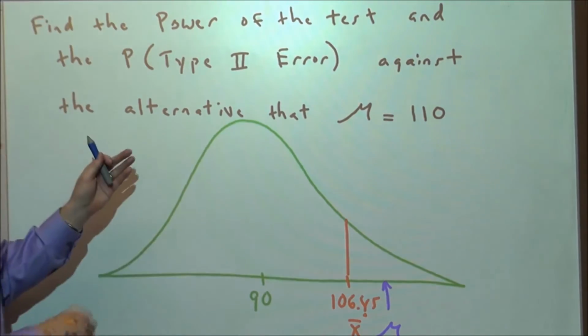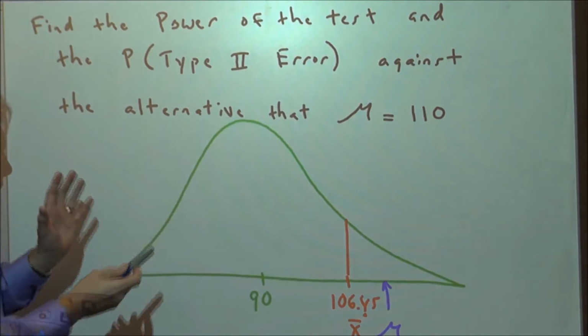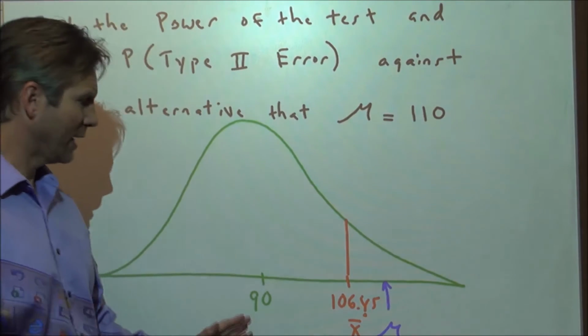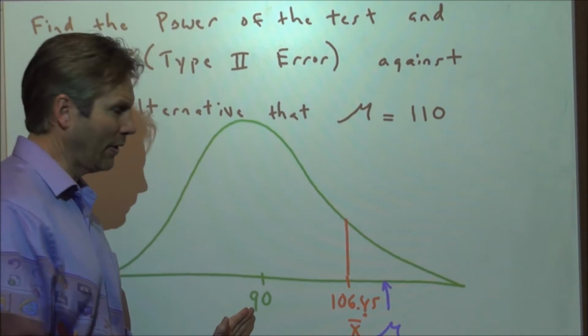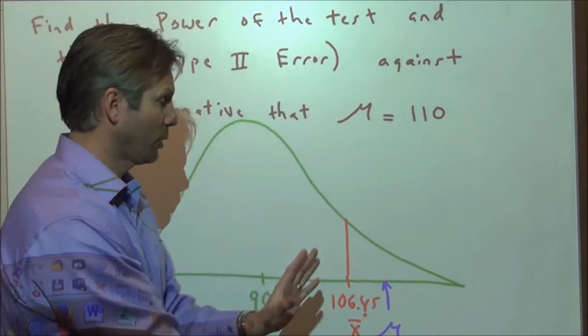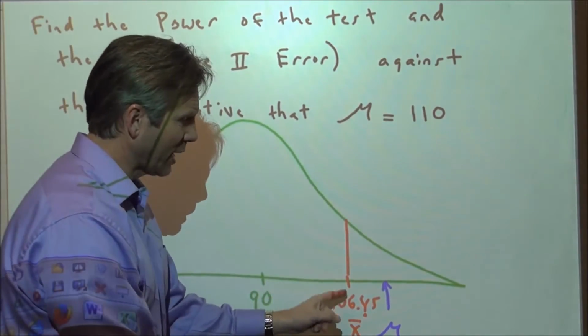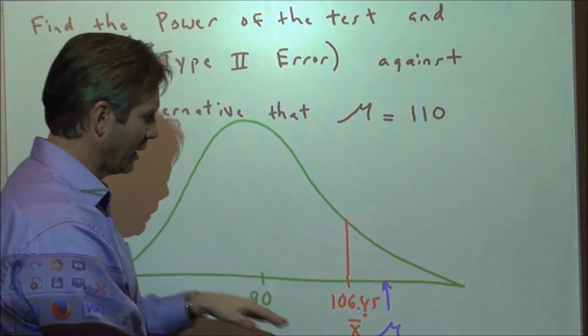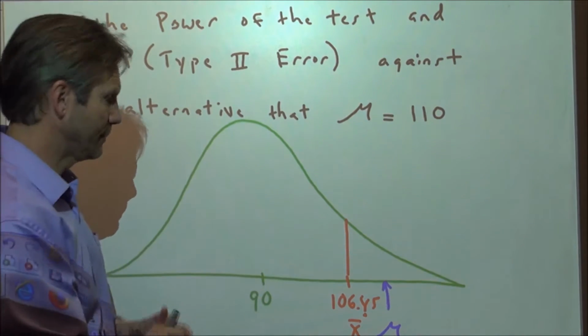So we want to find the probability of a type 2 error against the alternative that the mean would be 110. So here's 90, the mean of the null. Here's where 110 would be. We're now going to presume that the true mean is really 110, and this would be the cutoff for where the critical region would start given this hypothesis test.